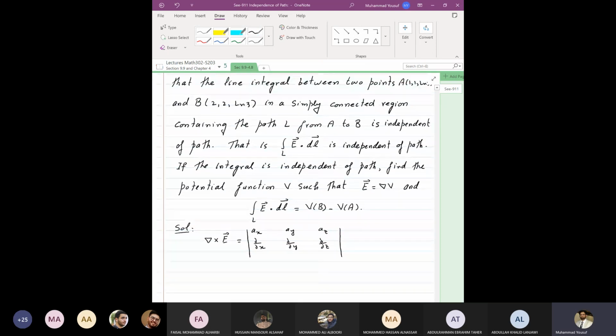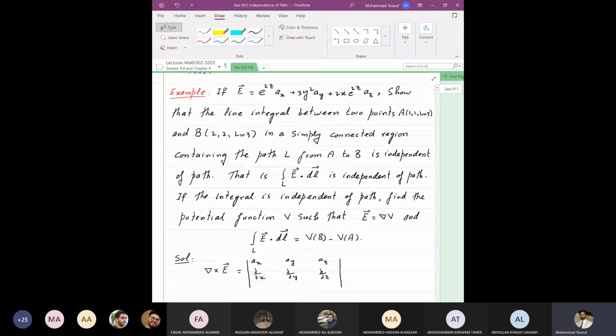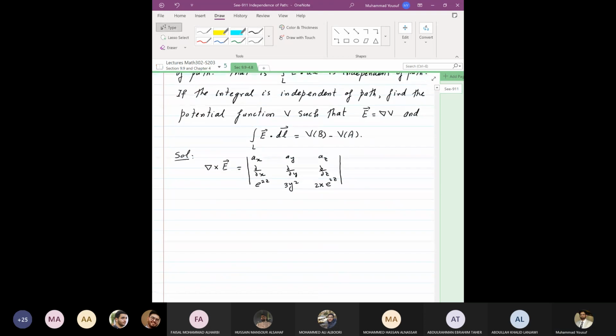Then E from this question is e power 2z, 3y square and 2x e power 2z. So this is what we have, del cross E.